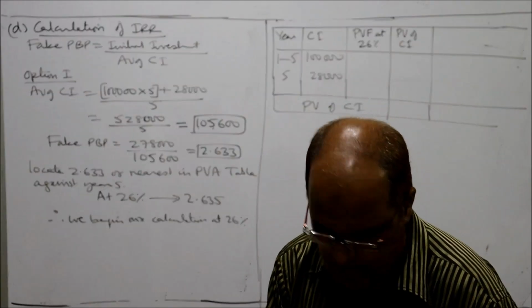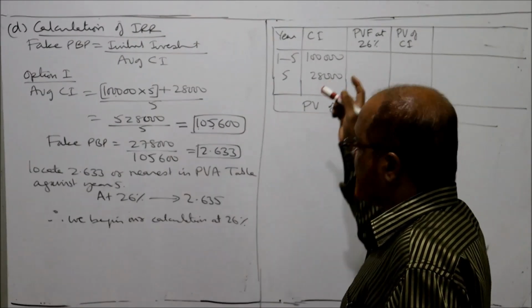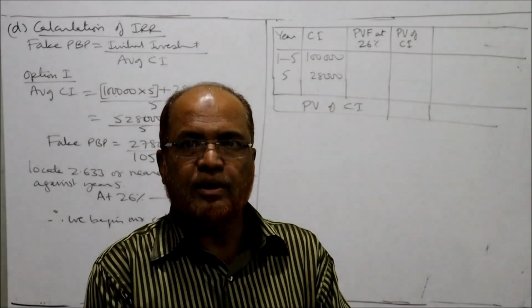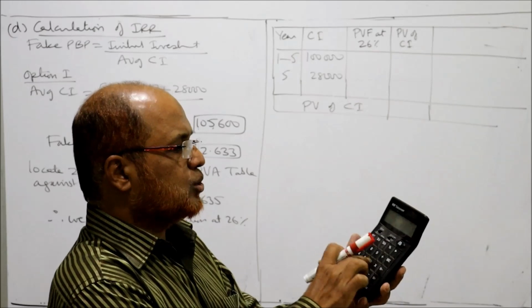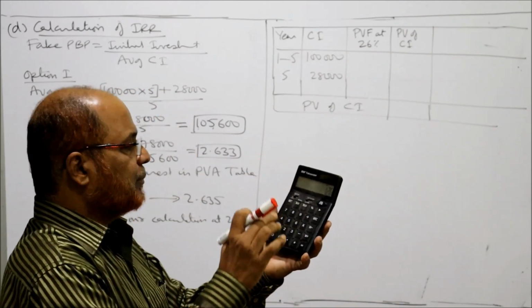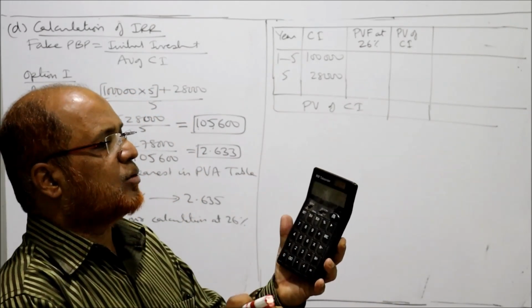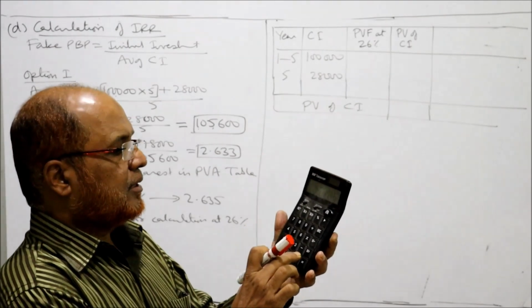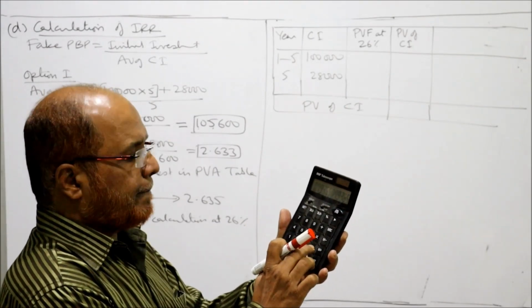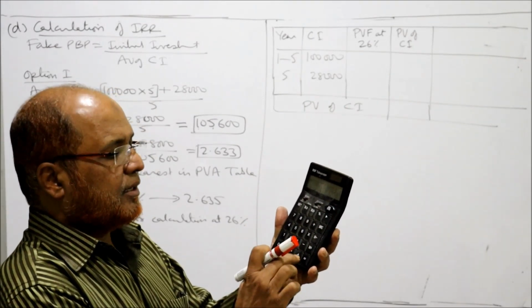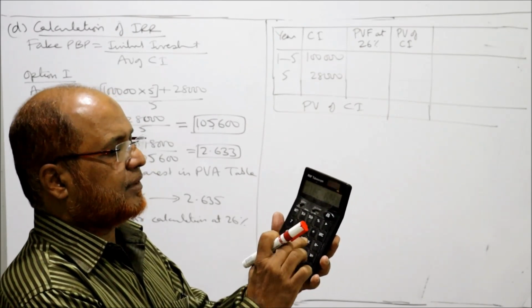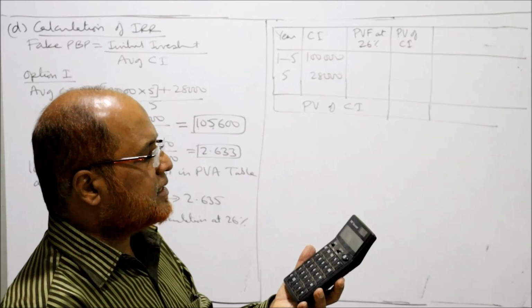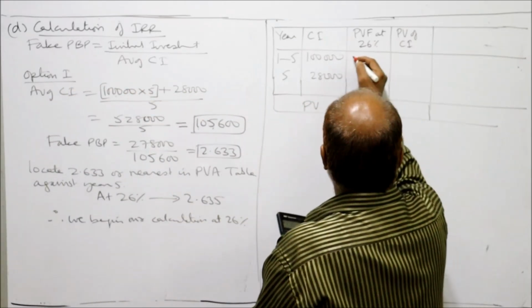Now, we need PV factors at 26%. 26% means 1 divided by 1.26. First year, I'll put it in memory, second, third, fourth, fifth. 0.635.